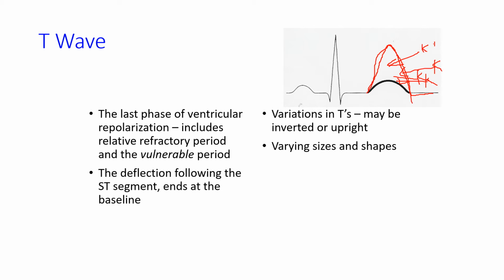On the other hand, if you have hypokalemia, what you'll often see is a very low voltage T wave. Because if you only have a little bit of potassium to go back into the cell, it's going to take a lot longer for repolarization to occur. So you'll see your T waves to be a lot lower and even longer to repolarize.